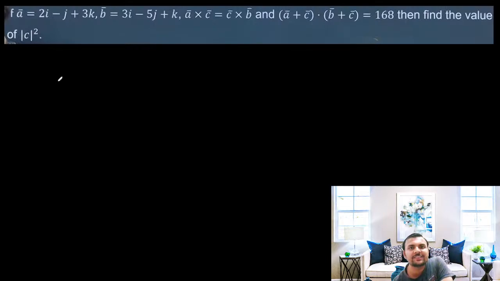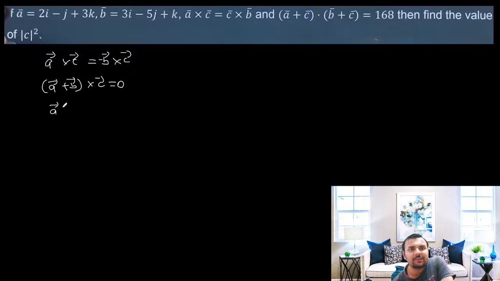A is this, B is this, A cross C is B cross C. So we can say that A vector cross C vector is minus of B vector cross C vector. We can say A vector plus B vector cross C vector is 0. That means they are parallel.